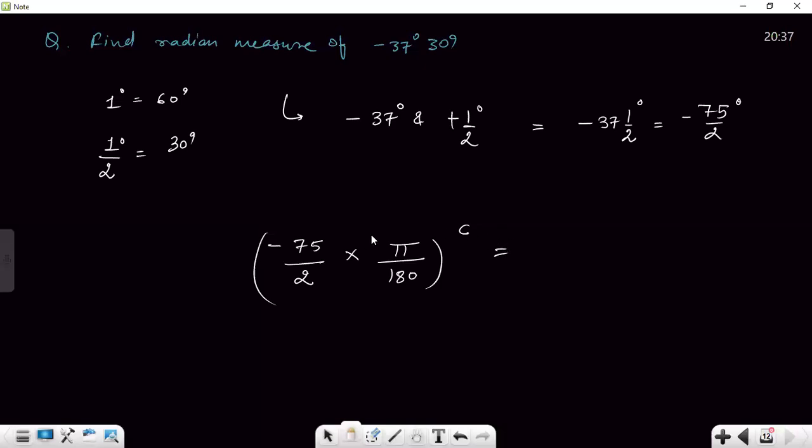Let's solve it further. 75, is it divisible by 25? No, it will not be divisible by 25. Let's divide it by 5. 75 by 5 is 15, 180 by 5 is 36. So the answer comes out to be minus 15 pi divided by 72. This is the answer in radian.